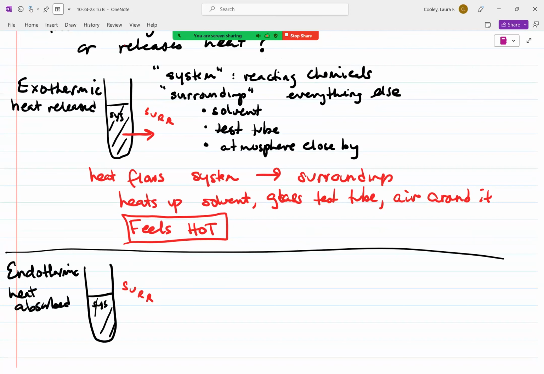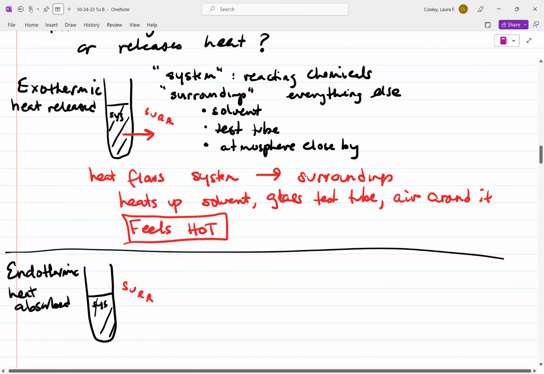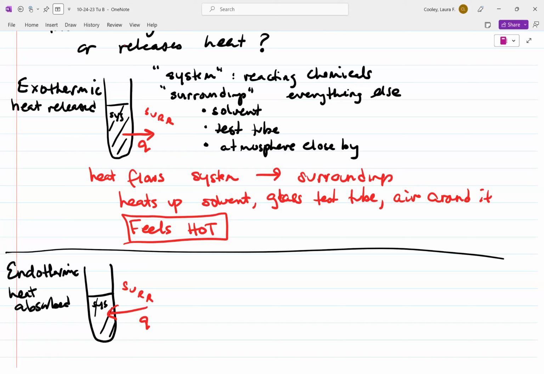That's the only thing it can come from. There's nothing else. You have the system and you have the surroundings. So it's going to go this way. This arrow is the direction of the heat flow. So heat is flowing from the surroundings into the system. You're holding that test tube. You're part of the surroundings. It is taking your heat for that reaction to go on.